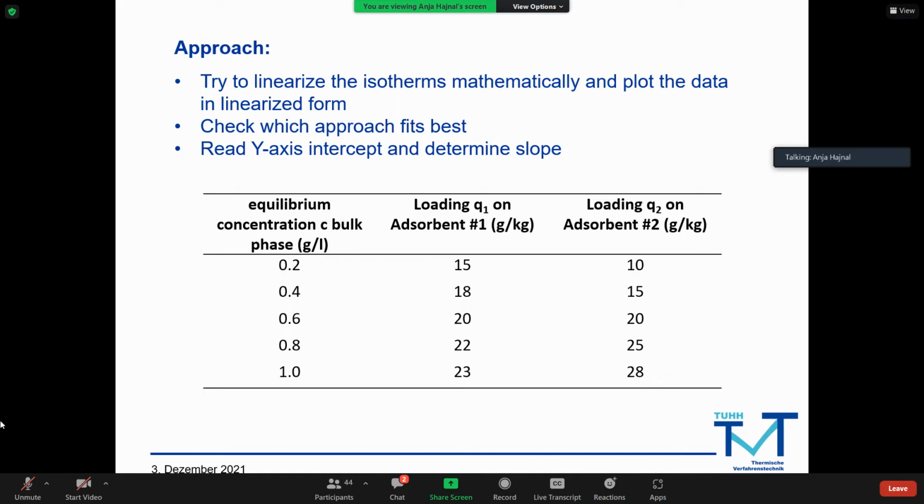If you're working with Excel, that would be the most straightforward way, because then you can just fit the line and see which adsorbent and which model fits better. And you can directly read the axis intercept and determine the slope from these diagrams.